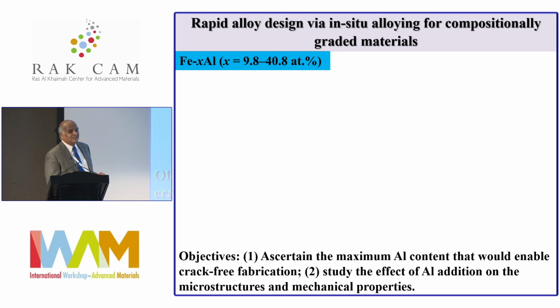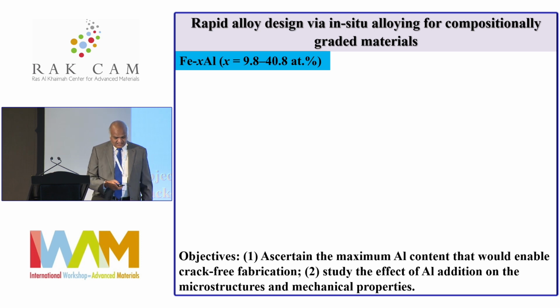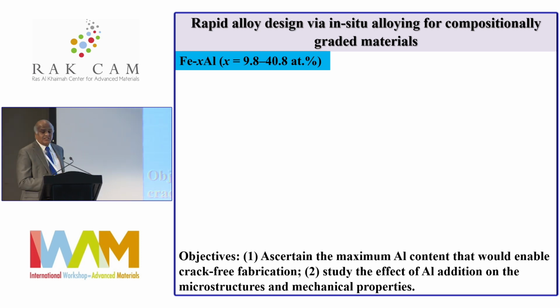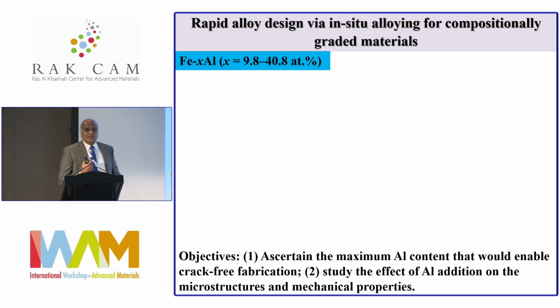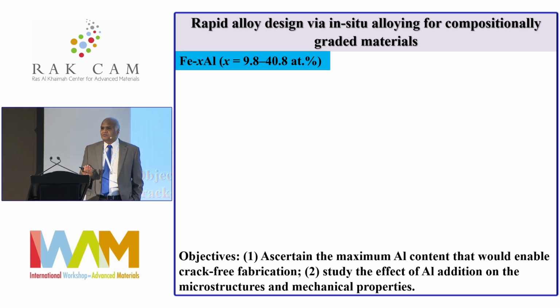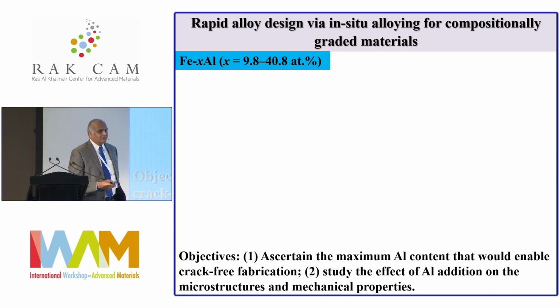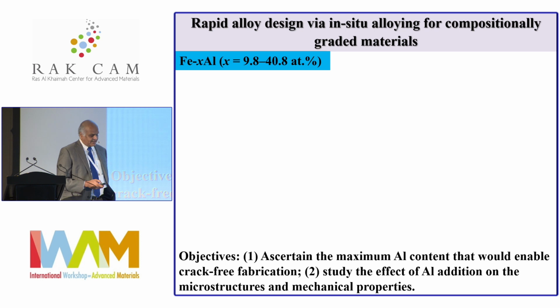Then you can also discover new alloys by rapidly screening. For example, we wanted to try out iron aluminum. As you know, iron is fairly dense, and if you want to lighten iron-based alloys, adding aluminum seems to make sense, right?